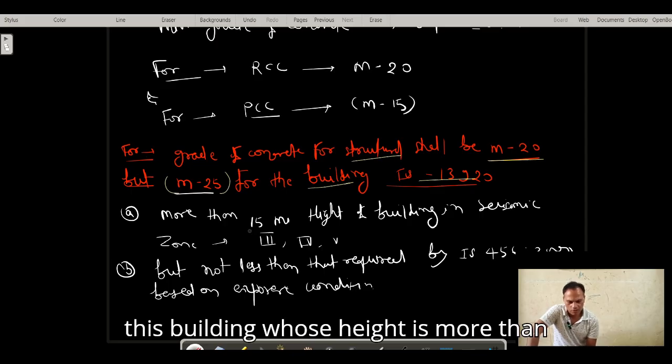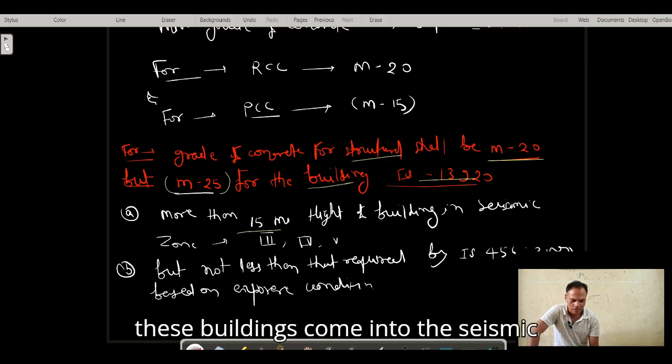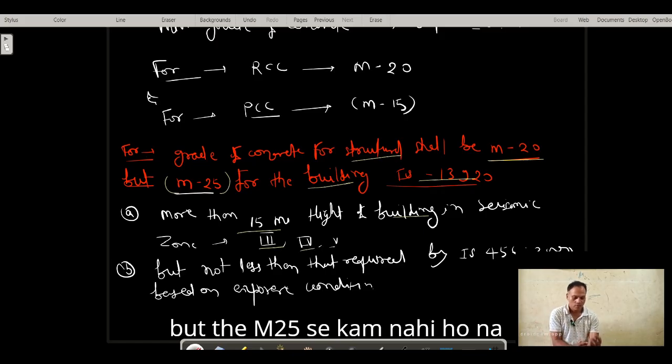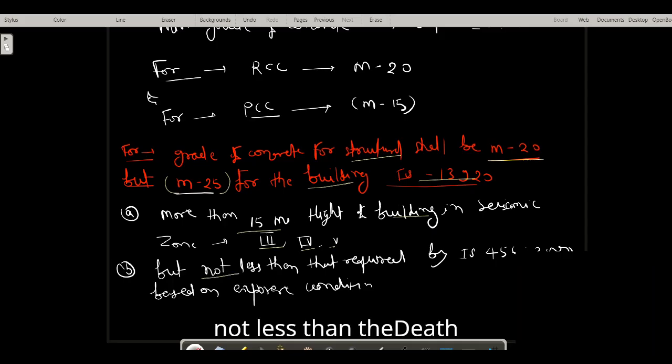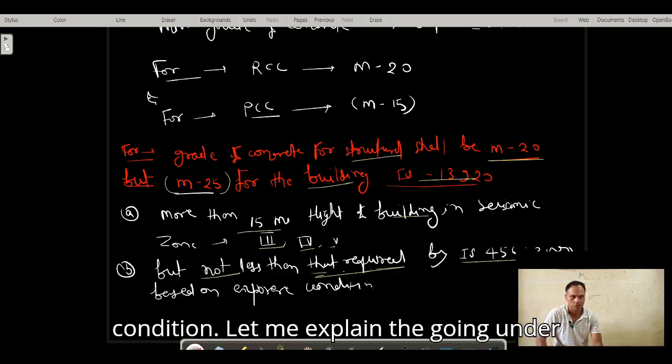This building whose height is more than 15 meter, and these buildings come into seismic zone 3, 4 and 5, M25, but M25 से कम नहीं होना चाहिए, but not less than the grade required by IS 456:2000 based on the exposure condition.